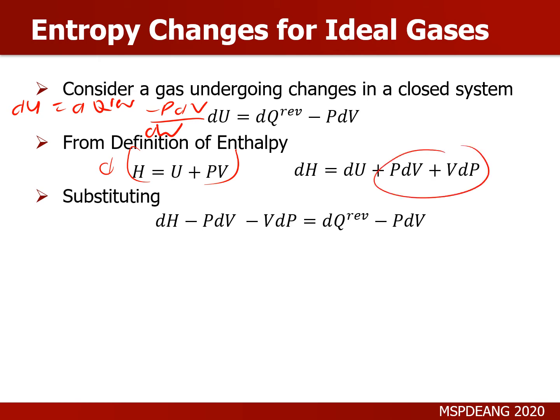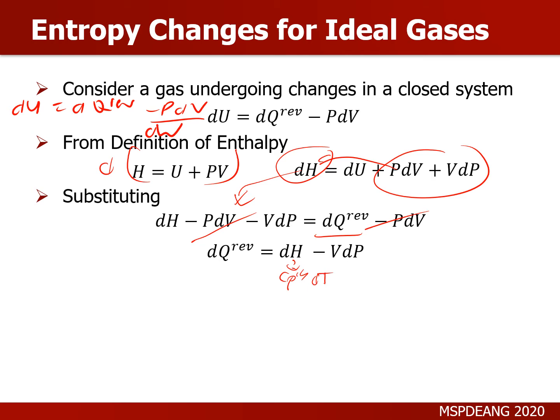Okay, so lipat lang dito sa kabila, tapos substitute dito in terms of dU. Then you will see na ito, pwede natin i-cancel out, see, negative PdV. And rearranging, dQ rev is equal to dH minus VdP. Now how do we simplify this? Recall that dH can be expressed in terms of Cp^ig dT for an ideal gas.